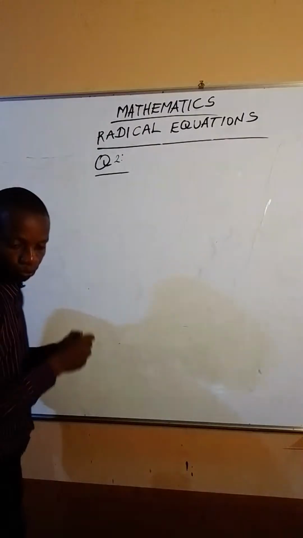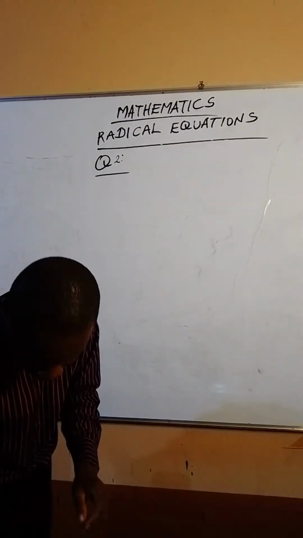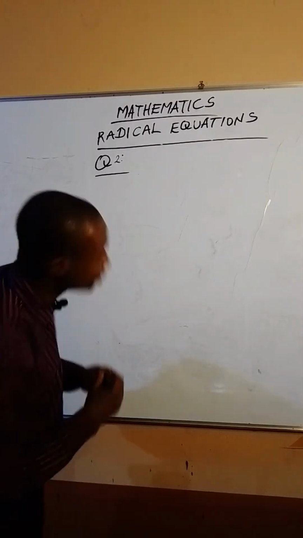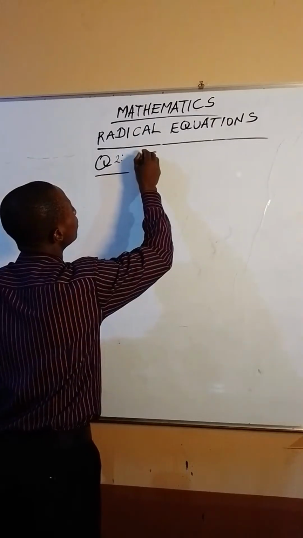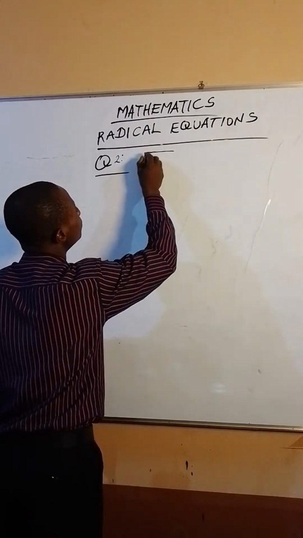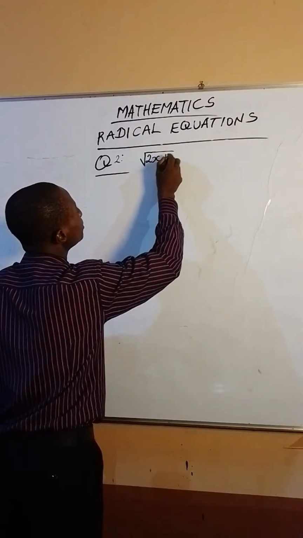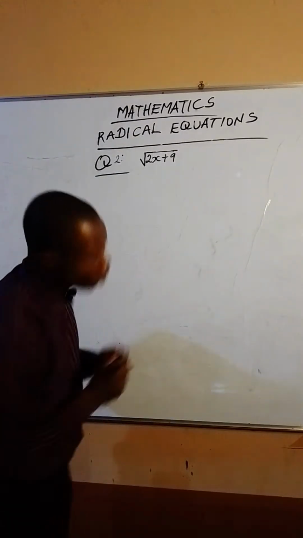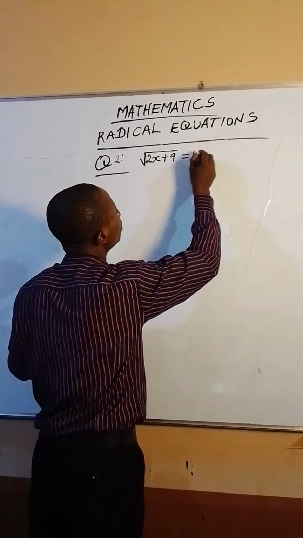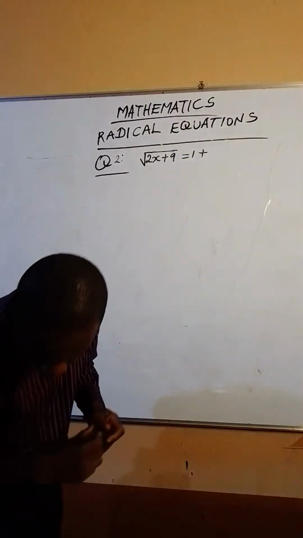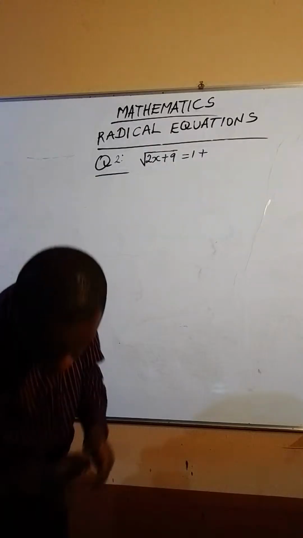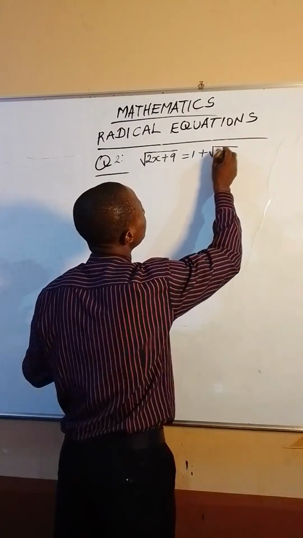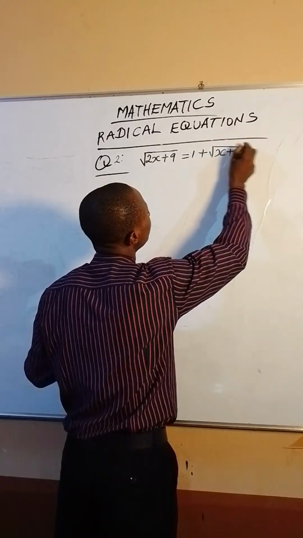Question number 2. In question number 2, we have root 2x plus 9 equals 1 plus root x plus 4.